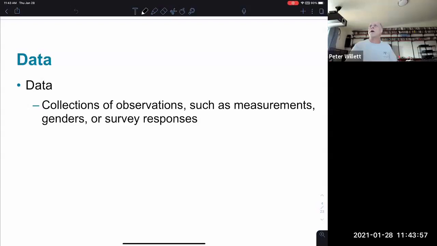In the example given earlier, where I had a bunch of people come in and tell me if they like some food that I was testing, the data would look like sort of what question I asked them. So if I said, do you like this, yes or no, then my data would be a bunch of yeses and nos.